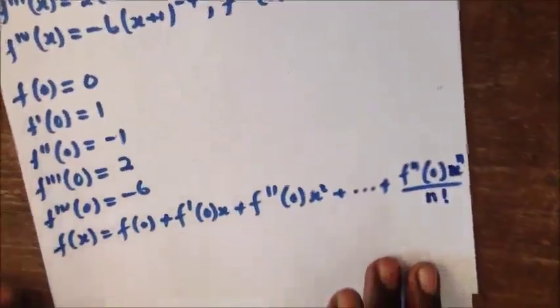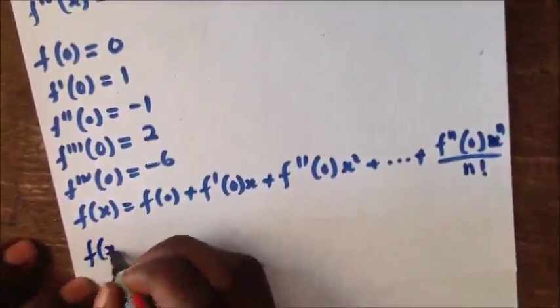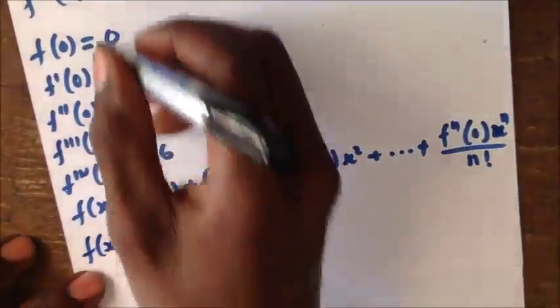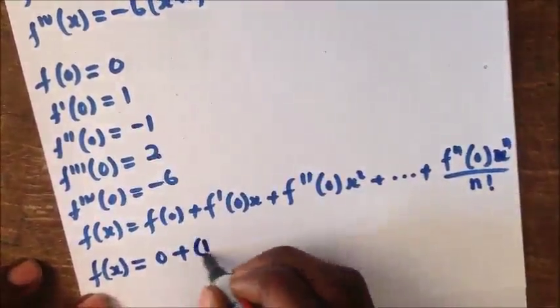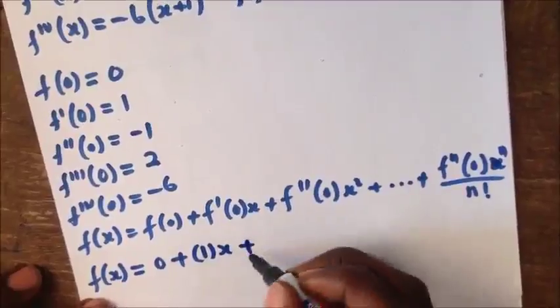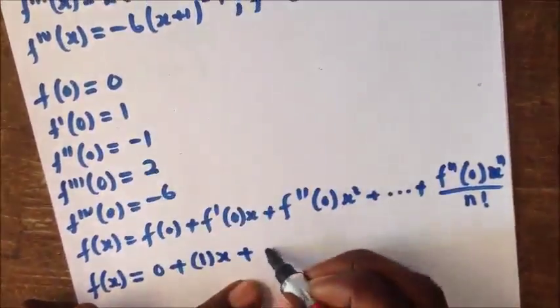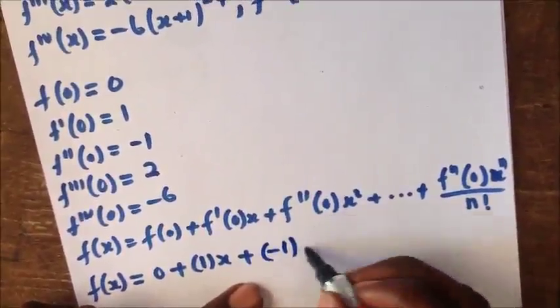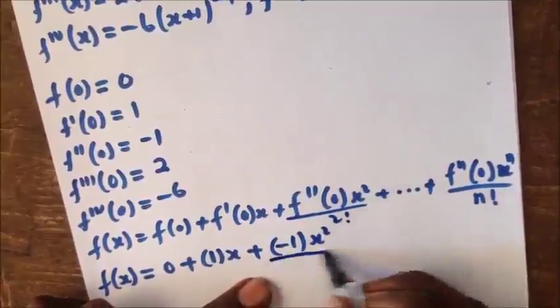Therefore, our f of x now is equal to f of 0, which is 0, plus f prime of 0, which is equal to 1, multiplied by x, plus f double prime of 0, which is equal to negative 1, times x squared divided by 2 factorial.